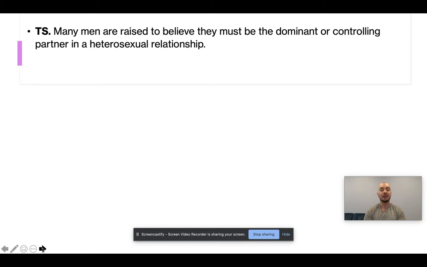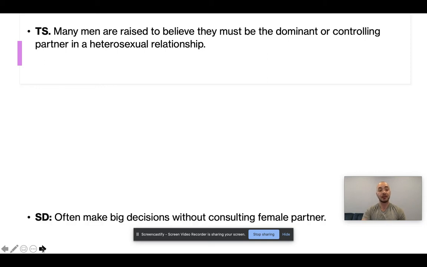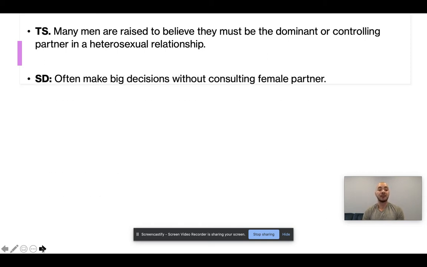So, if we're thinking about the illustrative pattern, the rest of the supporting details have to give examples of what this looks like. So, one supporting detail might be that men often make the big decisions in a relationship without consulting a female partner. Now, making big decisions without consulting someone else is an example of dominance or control.